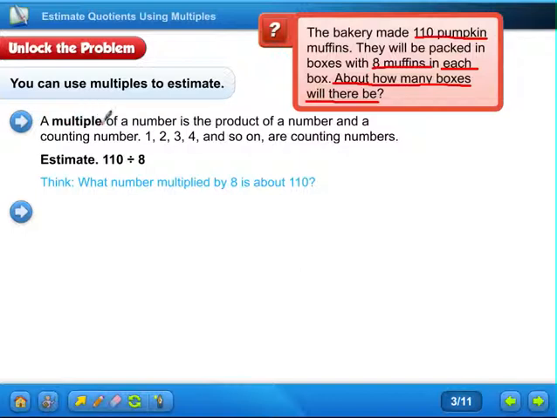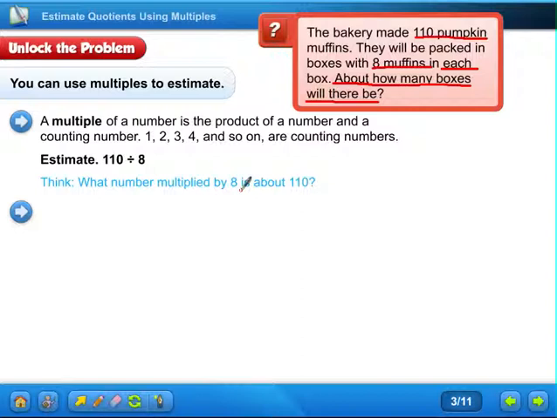A multiple of a number is the product of a number and a counting number. 1, 2, 3, 4, and so on are counting numbers. Estimate 110 divided by 8. So you're going to think in your head, what number multiplied by 8 is 110?